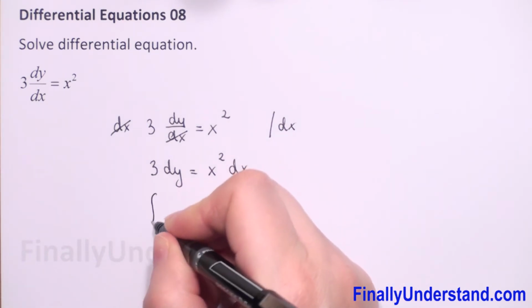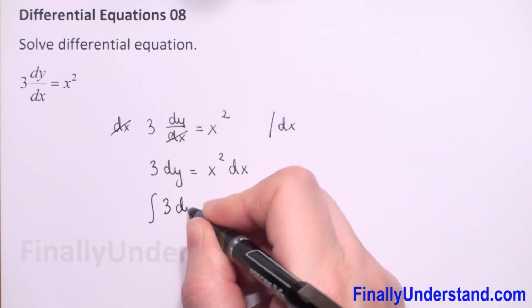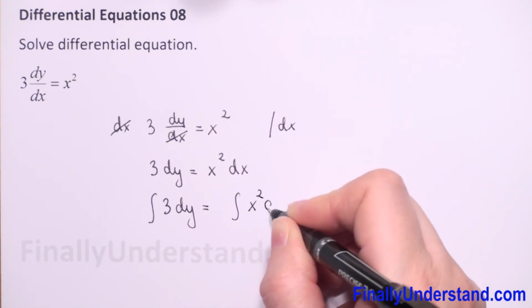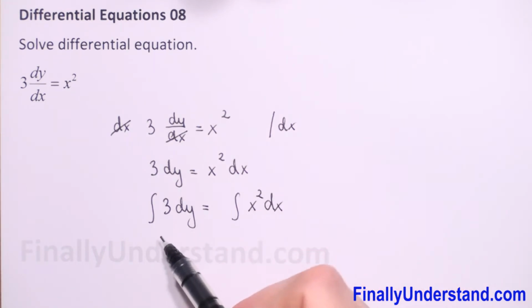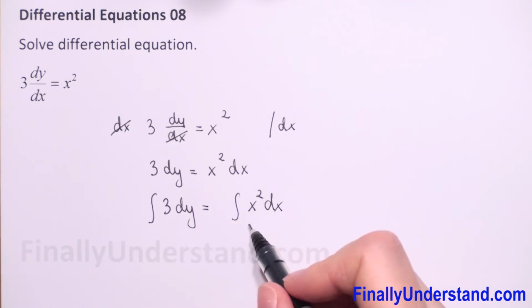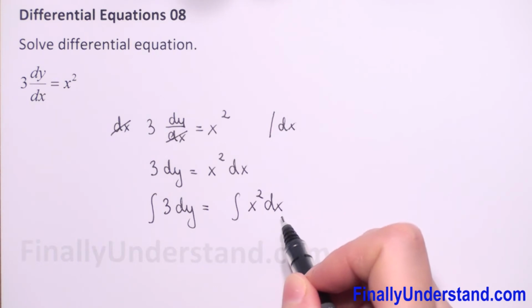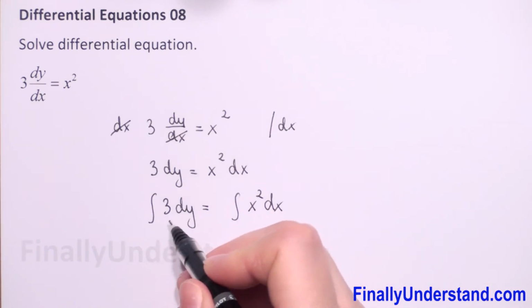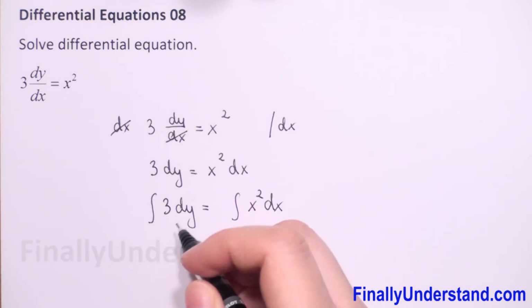We have the integral of 3 dy is equal to the integral of x squared dx. On the left side we have an integral with respect to y, and on the right side we have an integral with respect to x. Next we have the integral of 3 dy.